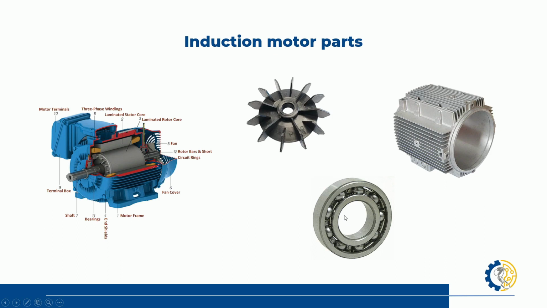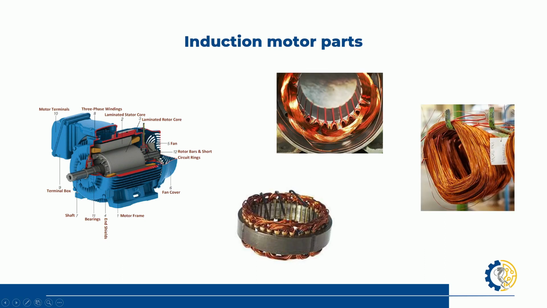These are so that the shaft can spin freely, and also that it is correctly placed around the motor. For those of you who are looking at this, these are the bearings.